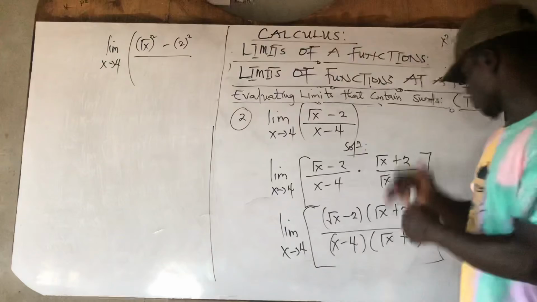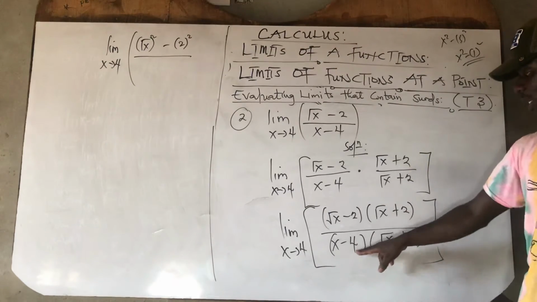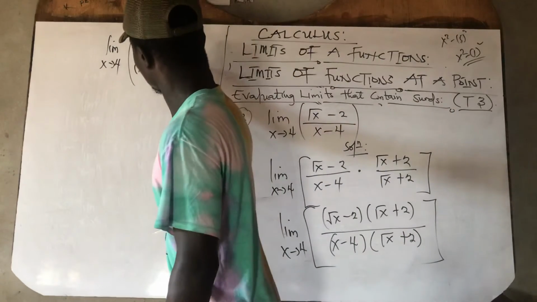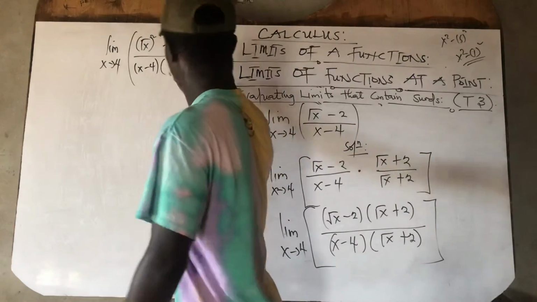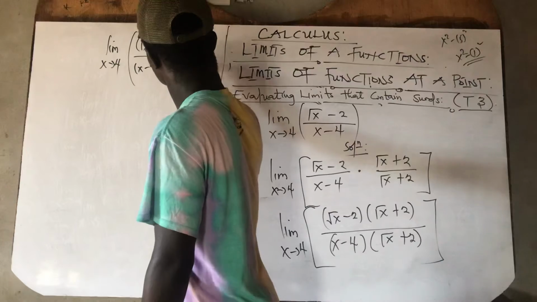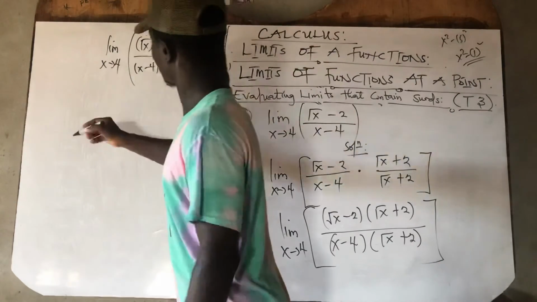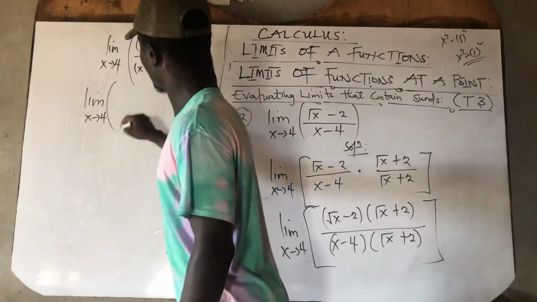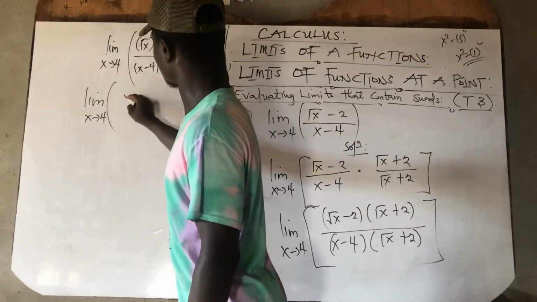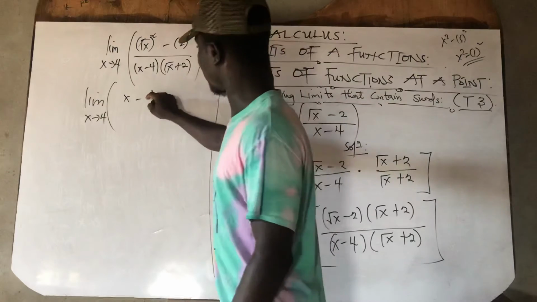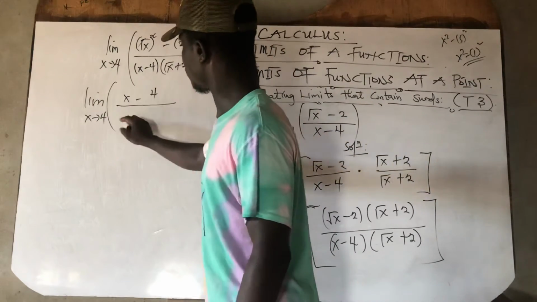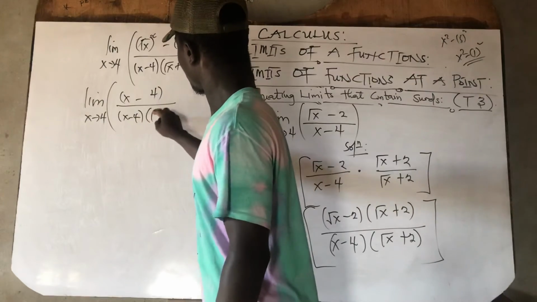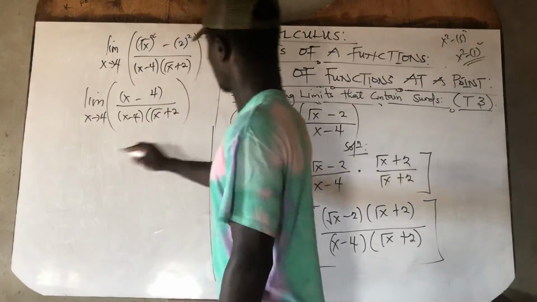All on x minus 4, then square root of x plus 2. So the limit as x approaches 4, this one cancels that. So I'll get x minus 2 squared, I'll get 4, all on x minus 4 square root of x plus 2.